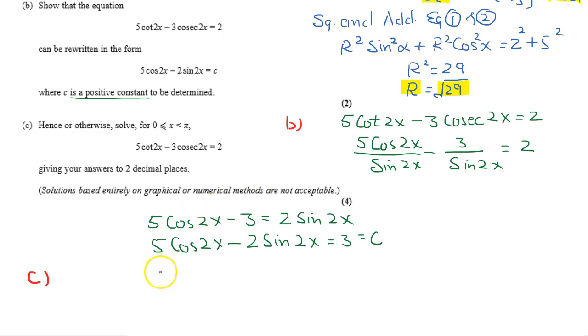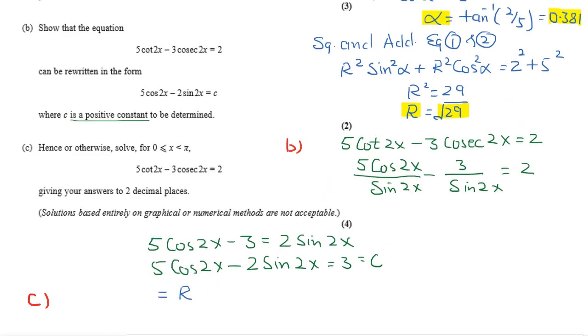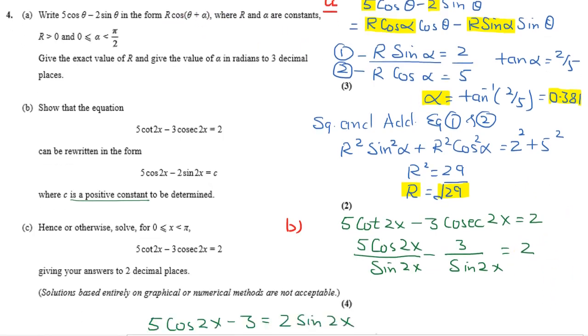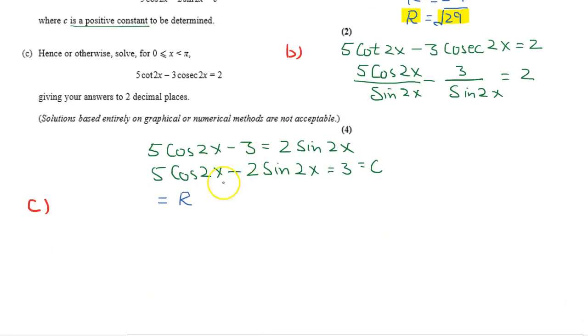So our equation is this is equal to r cos(theta plus alpha), what our question says. So r cos, theta is 2x, plus alpha is 0.38, and r we have already calculated.